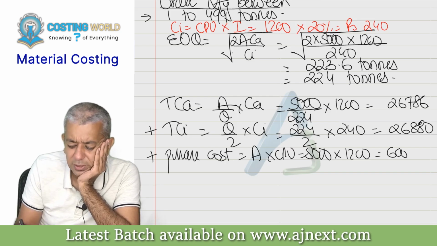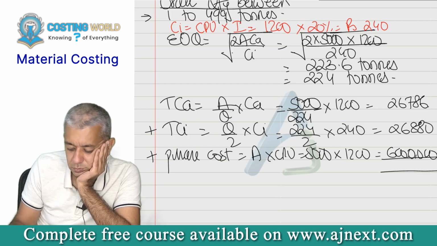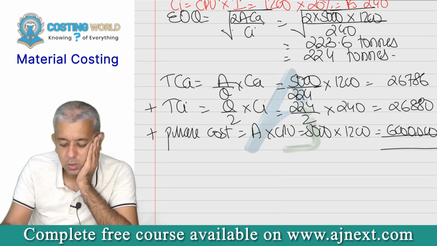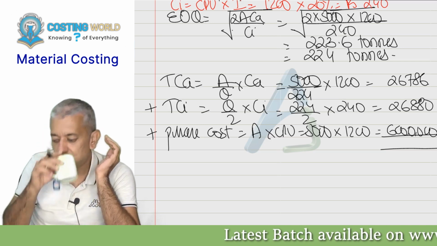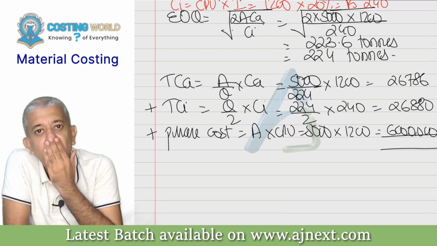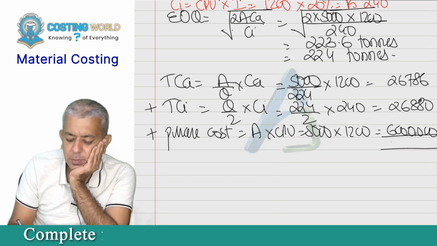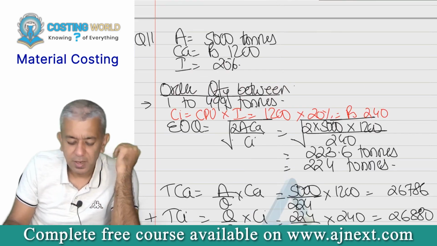You all told me that number, I guess, 60 lakhs. This is total cost. Just find out the total. How much? 60 lakhs 53,666. My first category is done.